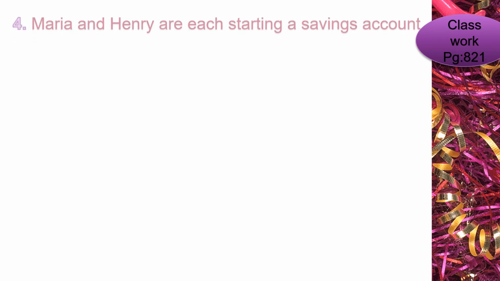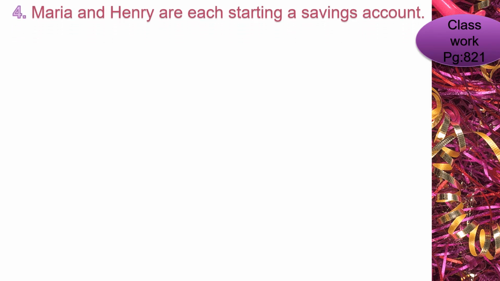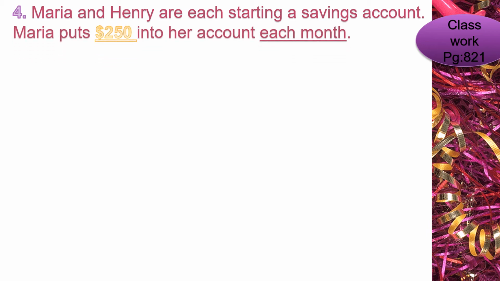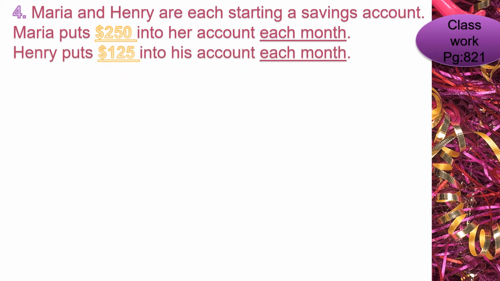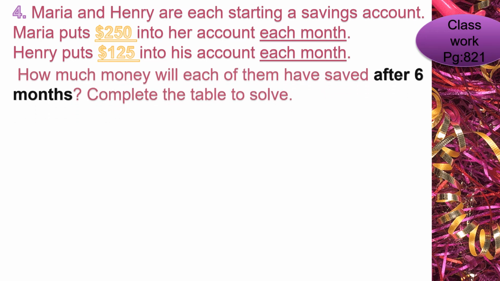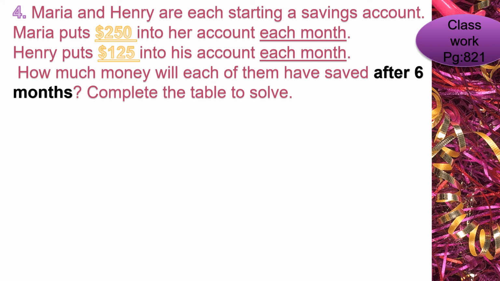Let's solve one more problem from your classwork. Question number 4. Maria and Henry are each starting a saving account. Maria puts $250 into her account each month. Henry puts $125 into his account each month. How much money will each of them have saved after 6 months?